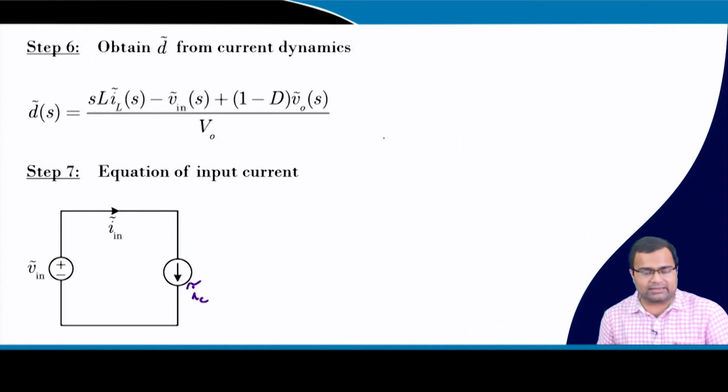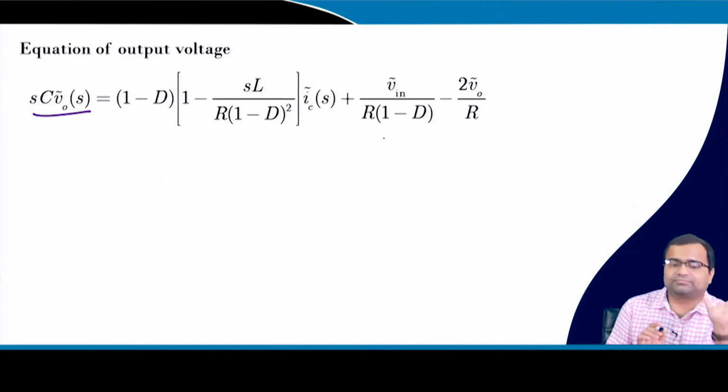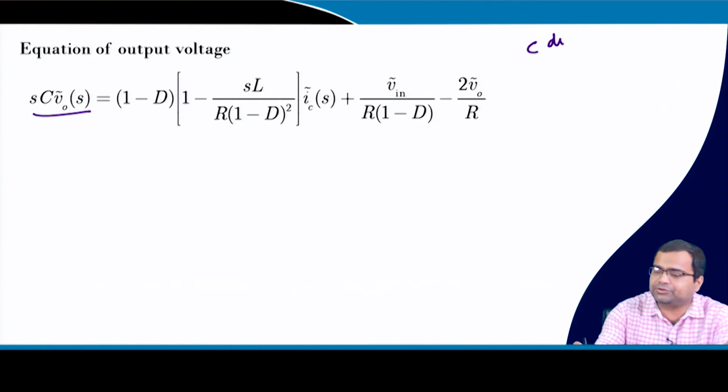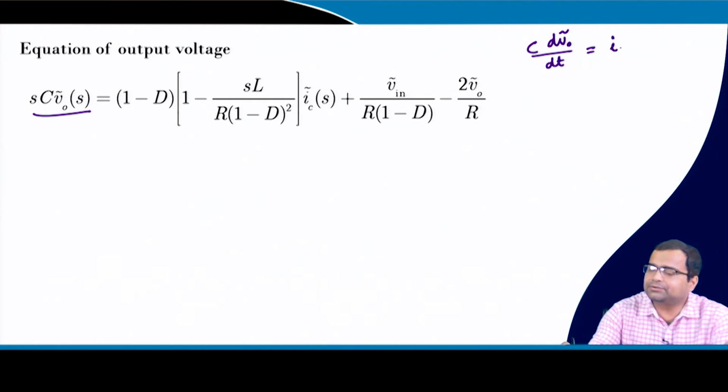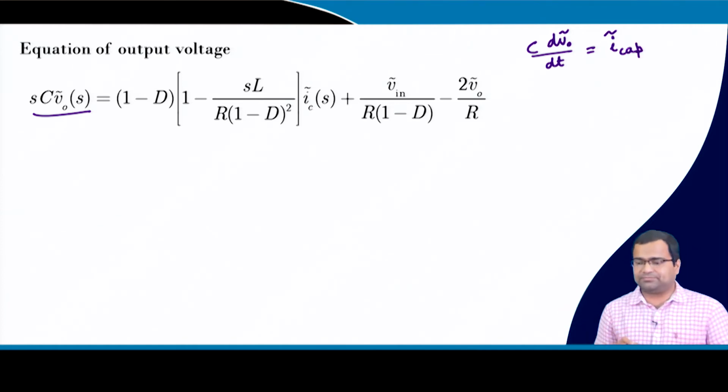And if you do that, then you can obtain this equation. That means, what does it indicate? We know C dV_0/dt is nothing but the capacitor current. We will call it I_cap, because the notation should be different.